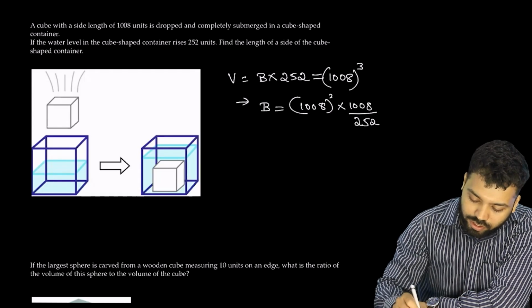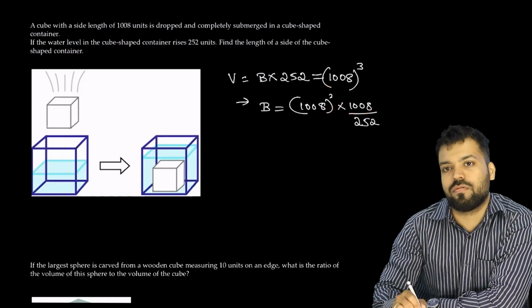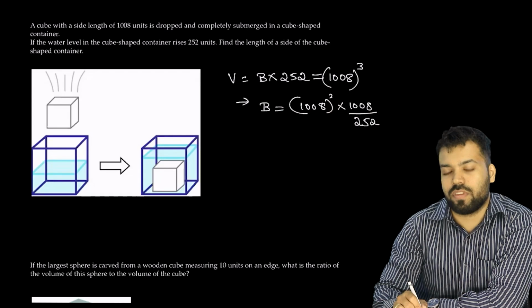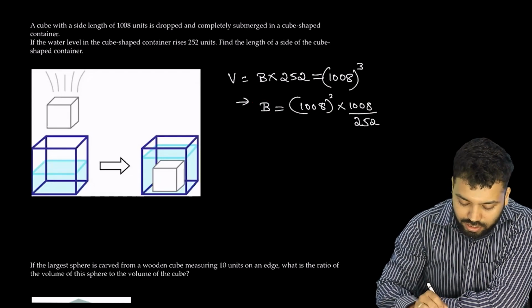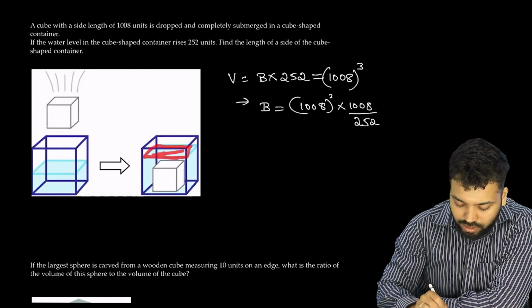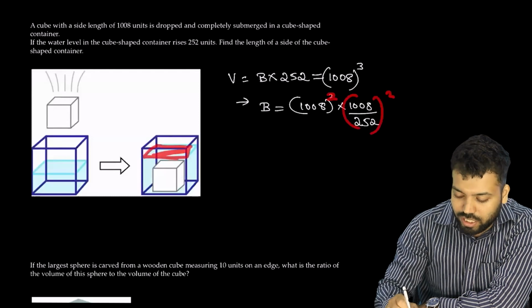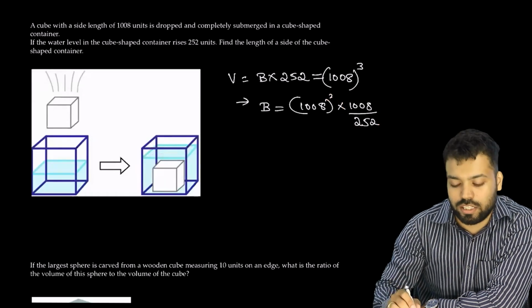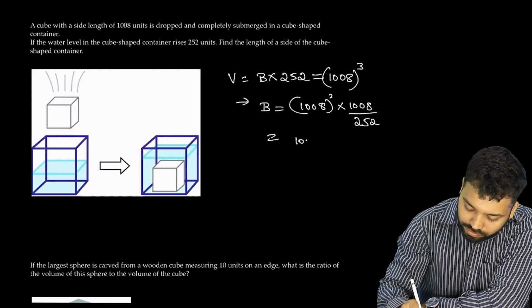Any idea why I have written it like this? Easy for calculation, because I know the base is a square area. If I have a square and some number with the square, I can directly take the square root and get the original length.